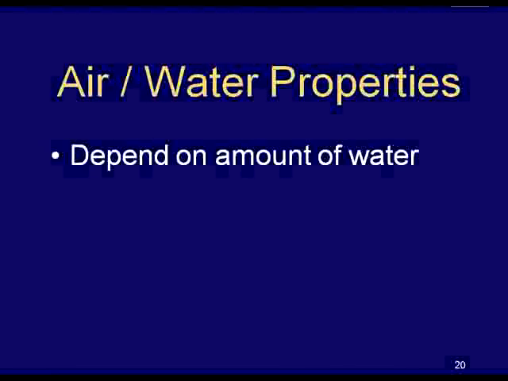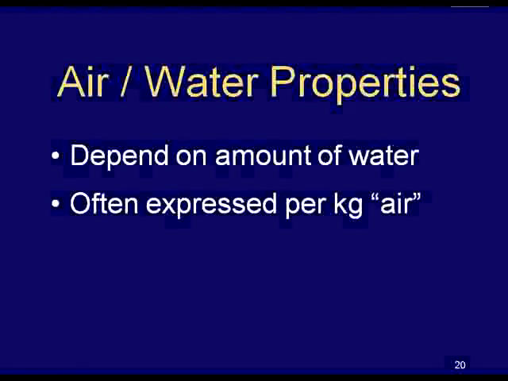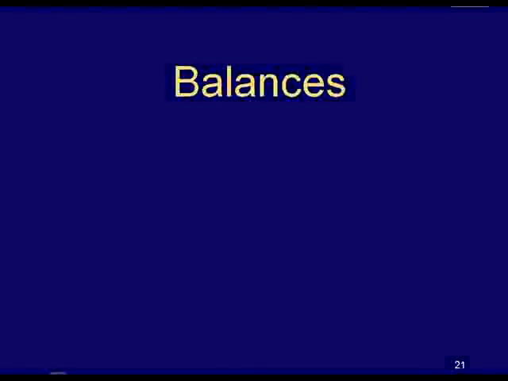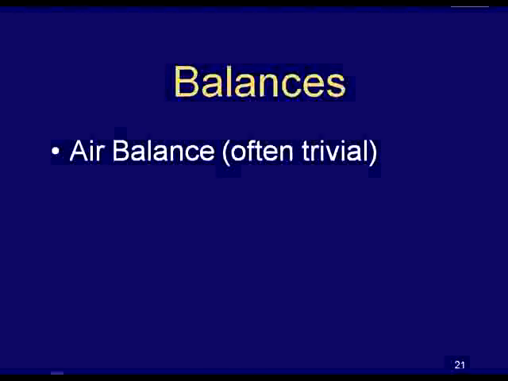So we looked at air-water properties. They depend on the amount of water in the air, and they're often expressed per kilogram of air. So unusual units, but very convenient. And we've done balances. Air balance, which is if you use these units of per kilogram of air, then typically in an air conditioning process the air in will be equal to the air out straight through.